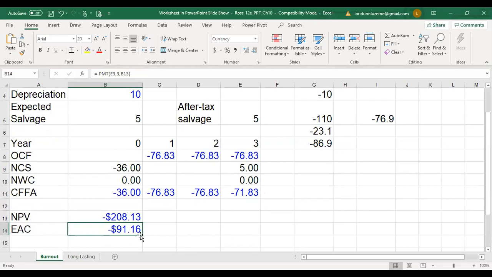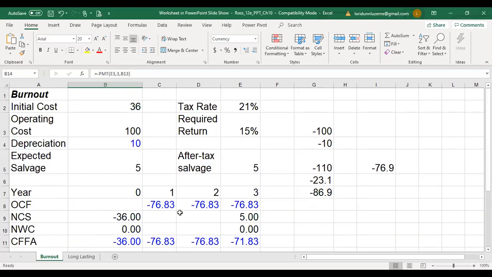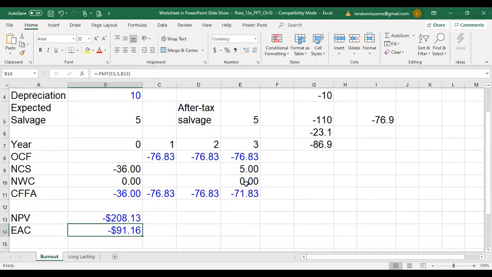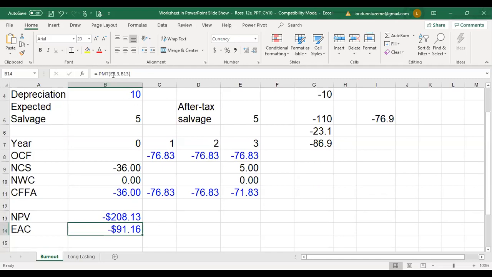So what we do is we actually find what would be the payment amount of the net present value for a 15% return. Okay. And it has 3 periods.